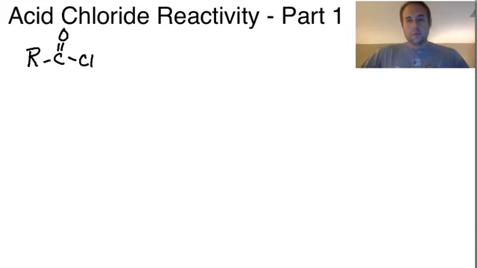Now I did just want to mention, sometimes students will ask about what about acid bromides or acid iodides, because you could technically have other halogens there. And yes, that's true, you could have other halogens, but as you increase the size of the halogen, meaning you go from chlorine to bromine to iodine, the leaving group gets better and better.